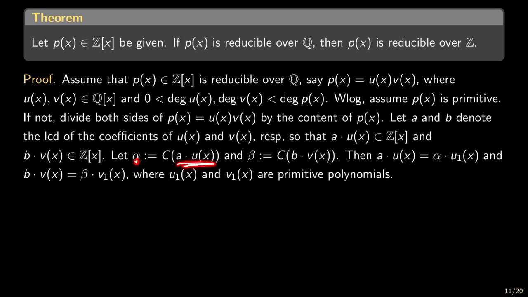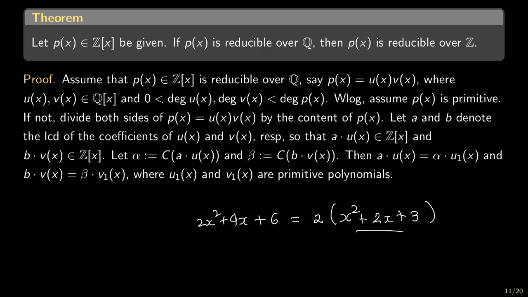If I factor out alpha, what remains inside is a primitive polynomial. For example, I get 2x squared plus 4x plus 6. The content is 2. If I factor out 2, I now get a primitive polynomial.